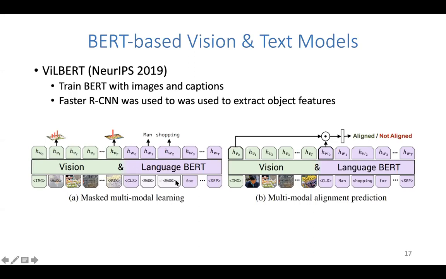And obviously the text part is just token embedding. You can just convert them into token embeddings using a lookup table. So here, these image tokens are all from the same image, just extracted by the object detection algorithm. And this part is just a caption for the image.